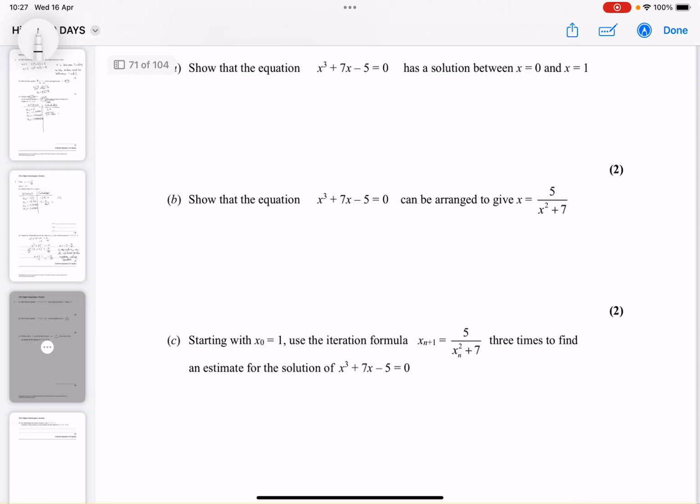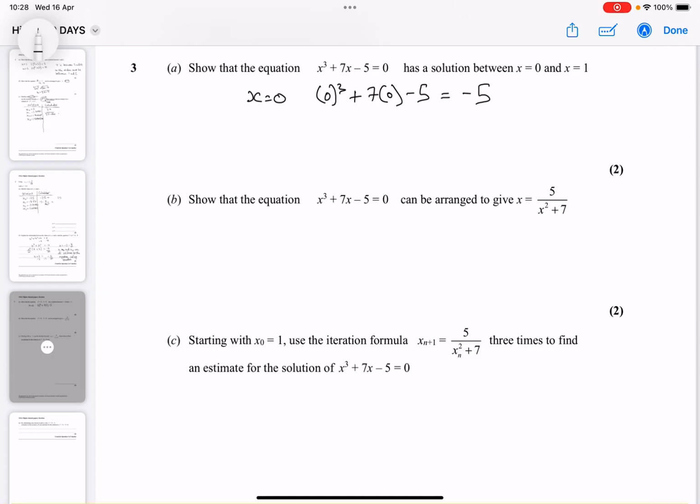Show that the equation x cubed plus 7x minus 5 equals 0 has a solution between x equals 0 and x equals 1. So same again, x equals 0, sub in, so I've got 0 cubed plus 7 lots of 0, take 5.